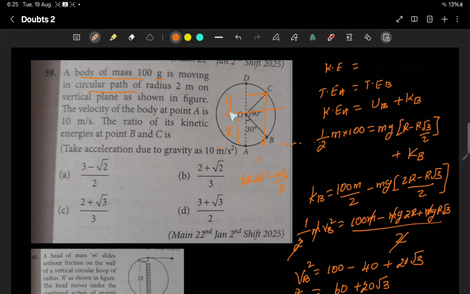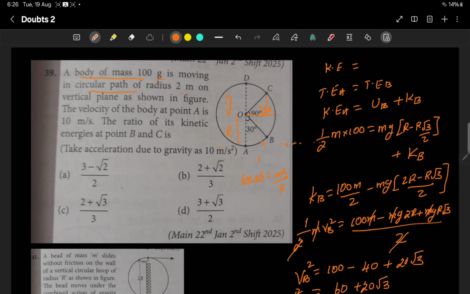Total distance is r plus this distance. Here this is 90 degree, so if I draw a line perpendicular to the vertical line, this should be 30 degree, because this is a line perpendicular to this, and this is a line perpendicular to this. So this is 30 degree.